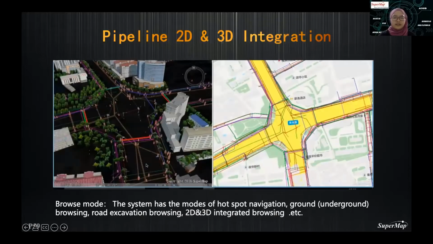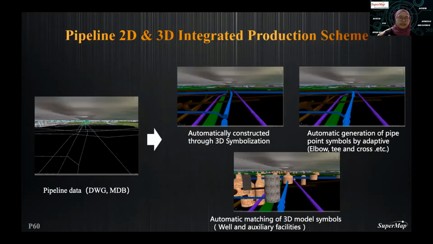So in SuperMap, we will integrate the 2D drawing and the 3D design for the user to do the further spatial analysis as mentioned before, which is the collision analysis, the burst analysis, and so on. So this is the example of workflow to create the pipeline in the 3D scenes. So user can import the pipeline data in DWG format.